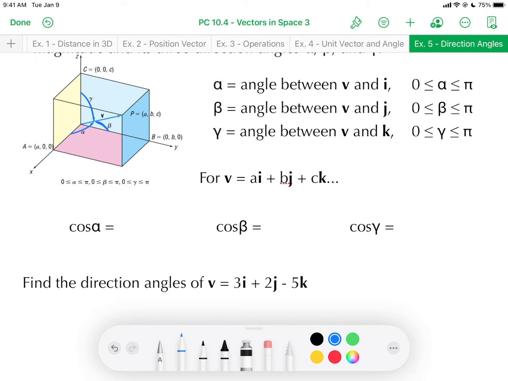If I want to find the angle between vector v and the x-axis, so that's again angle alpha, cosine of that angle alpha is going to equal nothing more than a divided by the magnitude of vector v. Now notice where a is coming from. a is this scalar on the unit vector i.